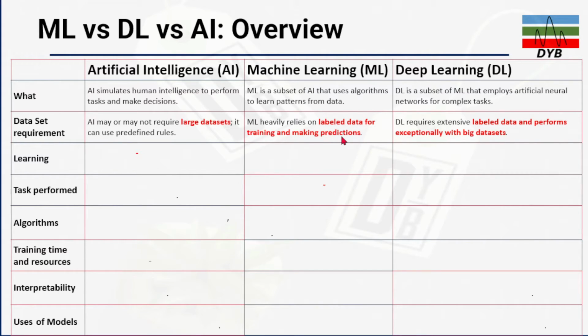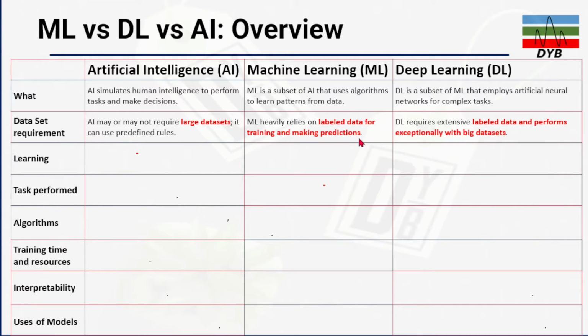If it is unlabeled data, that is called unsupervised learning, which has some drawbacks, which you can look at in the video about the differences between machine learning algorithms. And DL requires extensively labeled data and performs exceptionally well with big data sets.